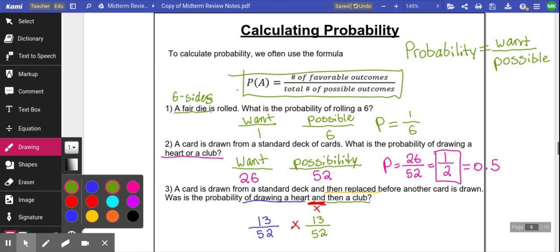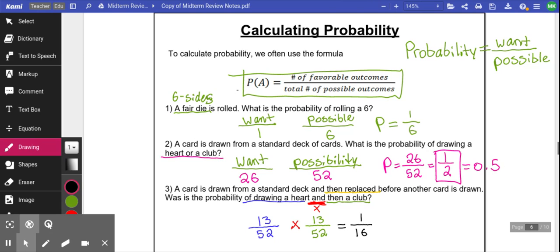So the probability of drawing a heart and then a club would be 13 out of 52 times 13 out of 52. If you put that in your calculator, you should get as a fraction, I believe it's 1 out of 16. Let me go grab a calculator and make sure. Yeah, so it was 1 out of 16.